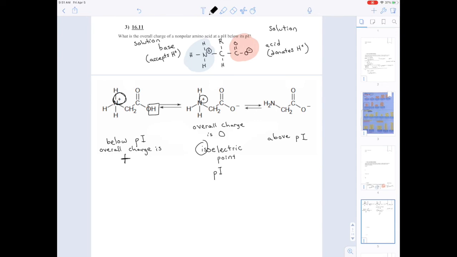And where can this solution rip hydrogens off? This nitrogen. The nitrogen has a lot of hydrogens on it. If the solution is basic, above the pI, then it can rip one of those hydrogens off, and that's why you see that above the pI, the nitrogen only has 2 hydrogens, whereas at the isoelectric point, it has 3. Notice that above the pI, the overall charge is negative.